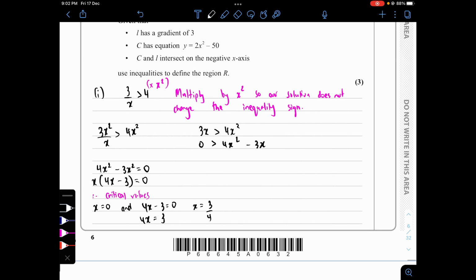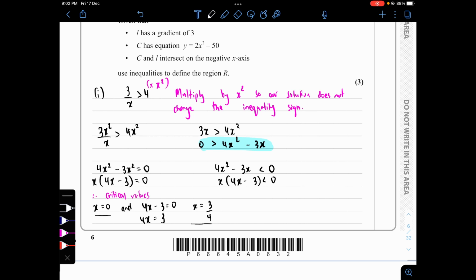So these are our critical values. And now let's just rewrite this so it's easier for us to handle. So this will be 4x squared minus 3x is less than 0, right? Or the same thing as saying x, 4x minus 3 is less than 0. And we already have the two values. We have x equals 0 and x equals 3 over 4.